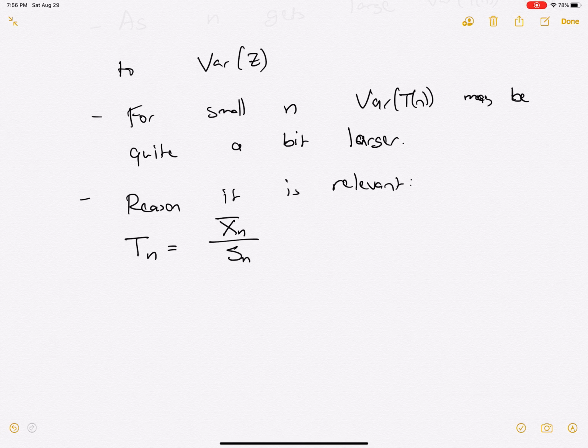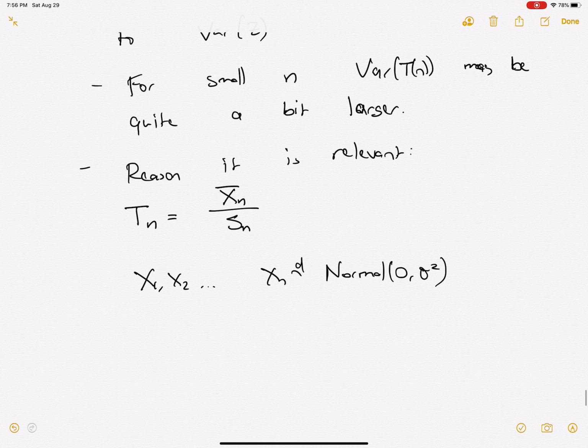If we have that these are normal with a mean of 0 and a variance of sigma squared, so now the variance is actually unknown, we look at x bar n over Sn. Or actually, let me just state that.